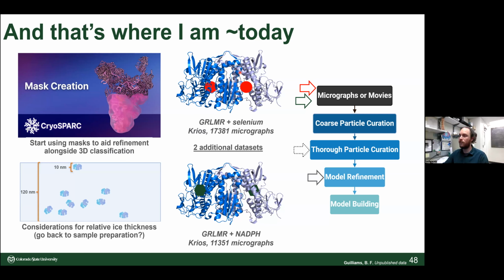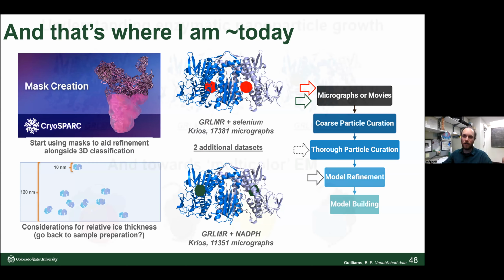And of course, I've still got these two extra data sets that I get to play with. I'll probably end up doing some interesting things with masking, maybe a local refinement around these areas where we think things are bound. So I'm in a couple different places with this. Very exciting. Happy with it.